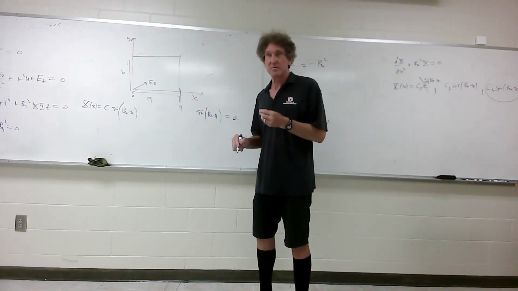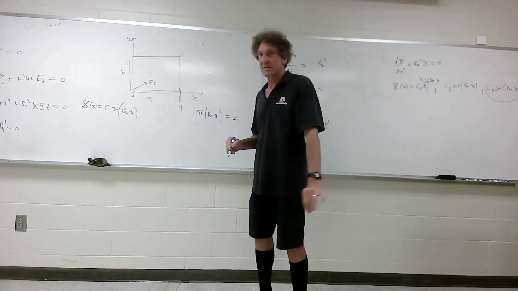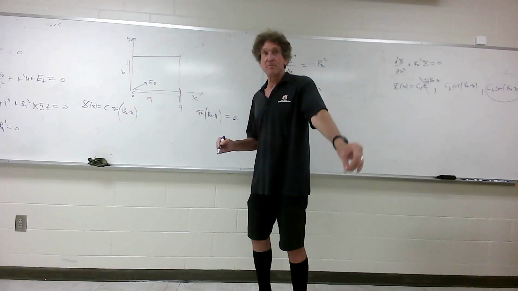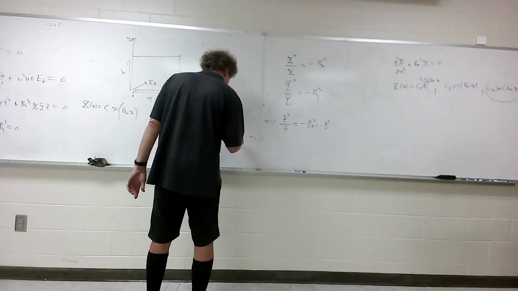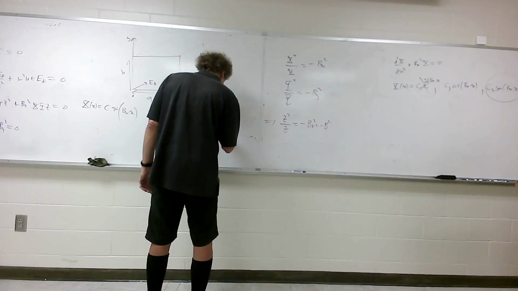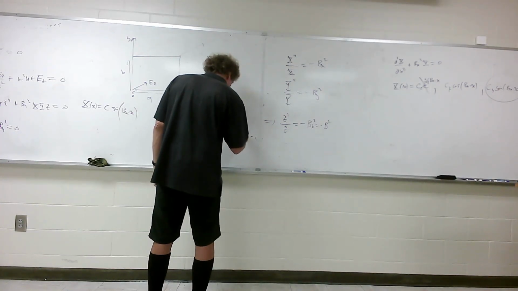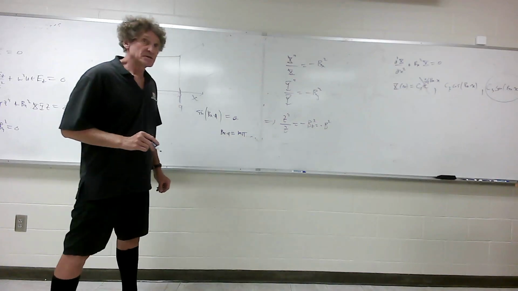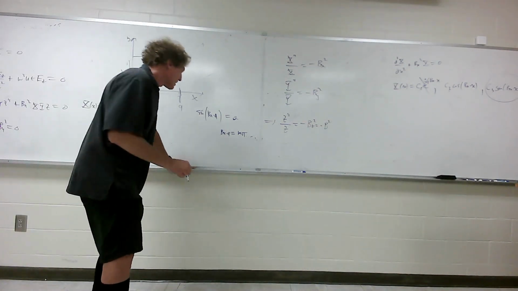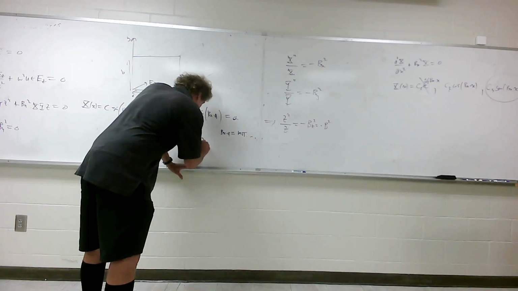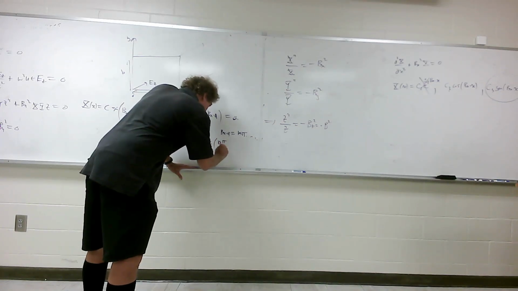Sine of x equals 0 at x equals 0, at x equals pi, at x equals 2 pi, 3 pi, at x equals m pi. So that means beta x times a is equal to m pi. M is an integer. Do you all agree with that? Or beta x is just equal to m pi over a.